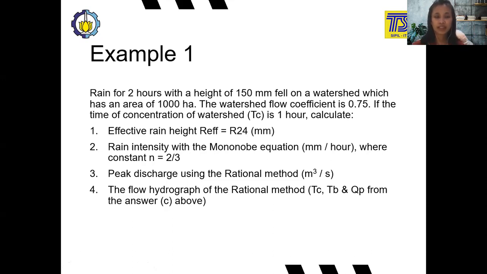And peak discharge using the rational method, and then the last one, the flow hydrograph of the rational method. So you have to draw the hydrograph at the end.